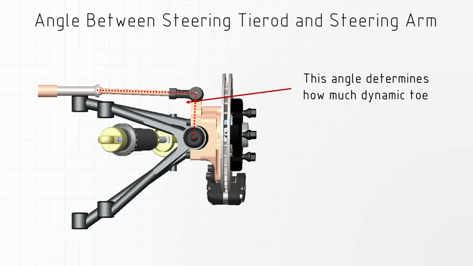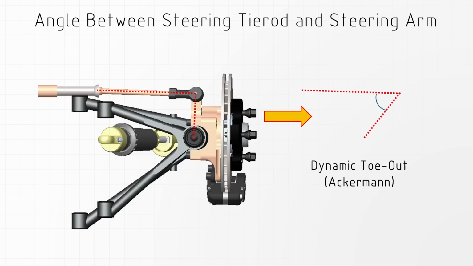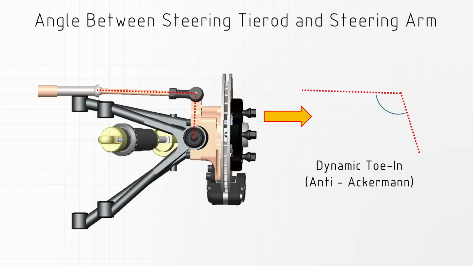If you have the steering tie rod at close to 90 degrees with the steering arm, then that's going to approximate parallel steer. If the angle between the steering arm and the steering tie rods is acute, or less than 90 degrees, then we're going to have Ackermann steering, or we would see that as a dynamic toe out. If the angle between the steering arm and the steering tie rod was greater than 90 degrees, from a plan view, then we're going to see that that is going to be a dynamic toe in, or anti-Ackermann.